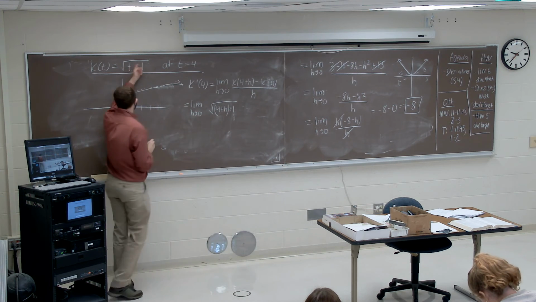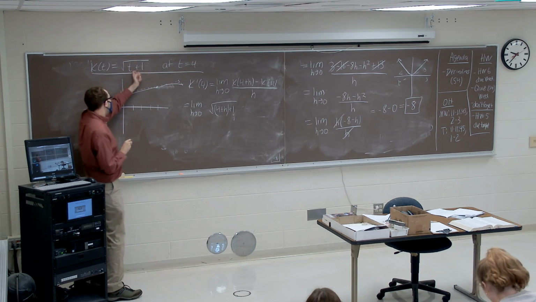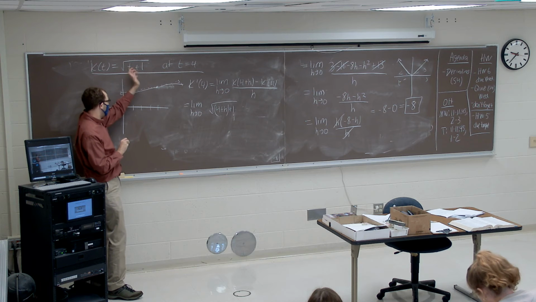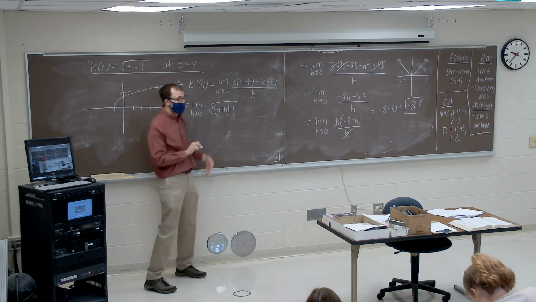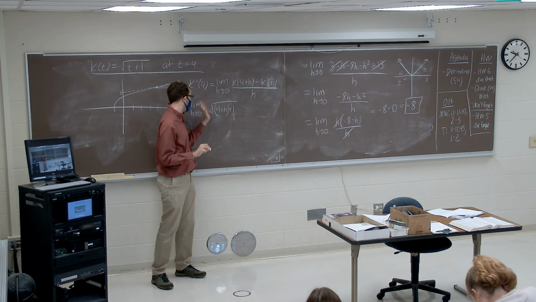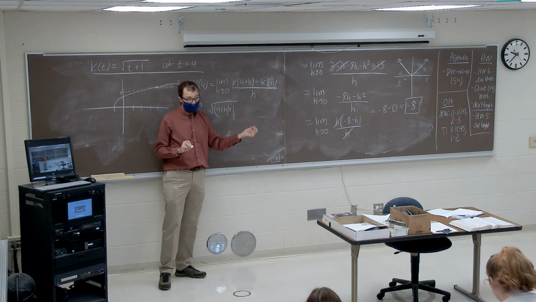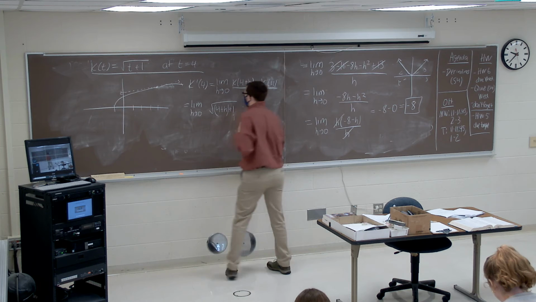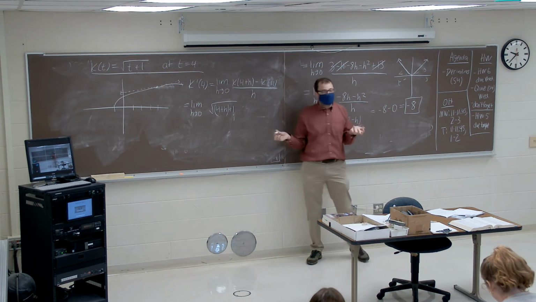Now, we take our expression k of t. Anywhere we see a t, we're replacing that t with a 4 plus h. And so square root of thing plus 1, if our thing is 4 plus h, becomes square root of 4 plus h plus 1, which we could simplify to square root of 5 plus h if we wanted to.